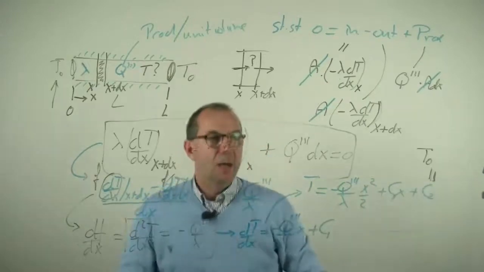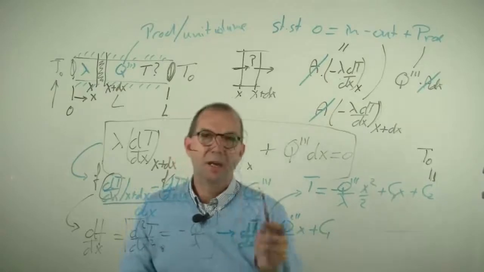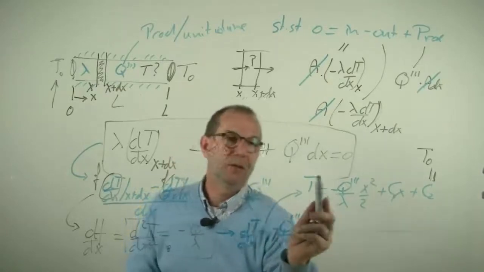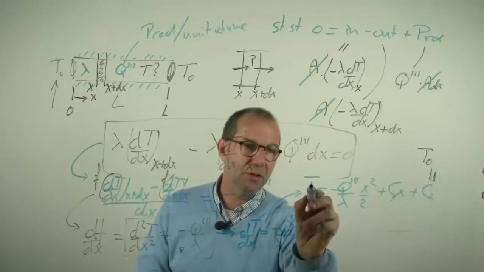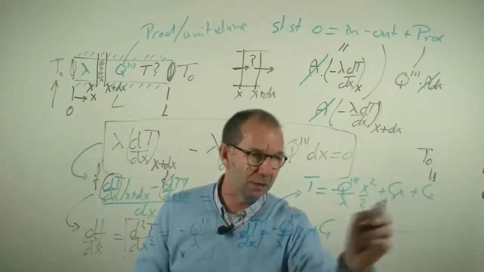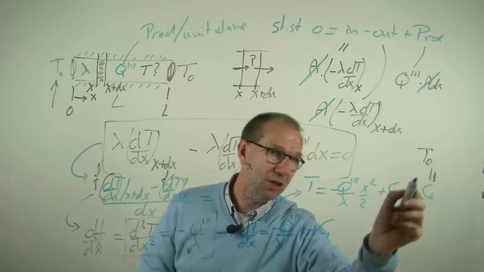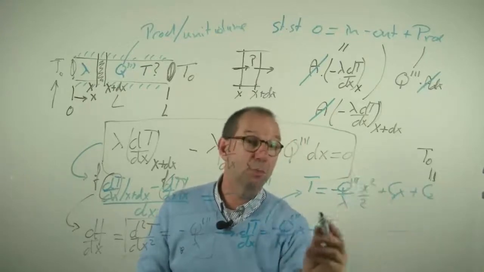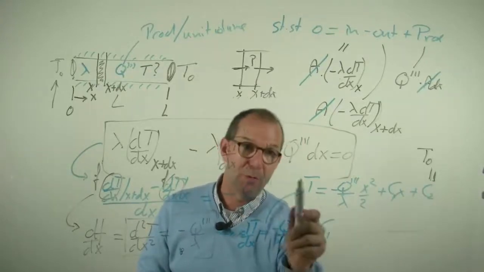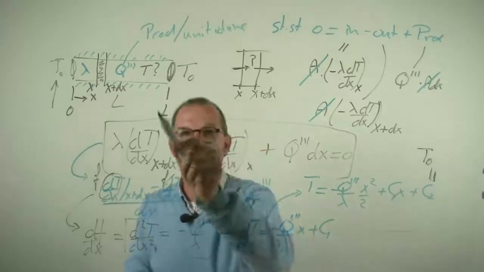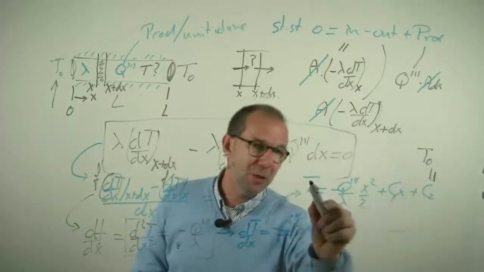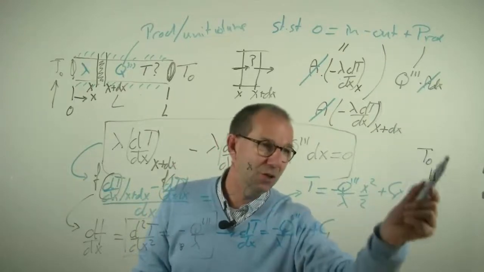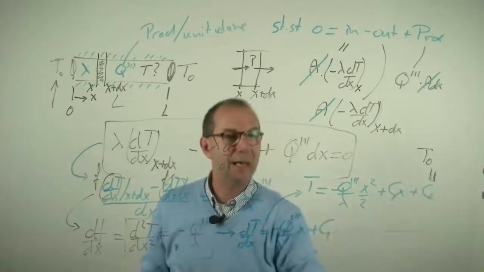I have a second one on the other side. At x equals L, this should also be T0. If I substitute that, I get T0 equals something that I need to compute plus T0, such that something that I need to compute is in itself 0. The T0 here, if I put in at x equals L temperature T equals T0, that temperature here is exactly cancelled by our C2 that we already had.